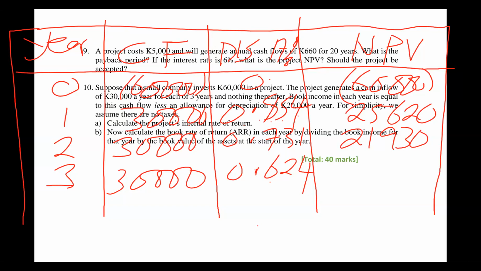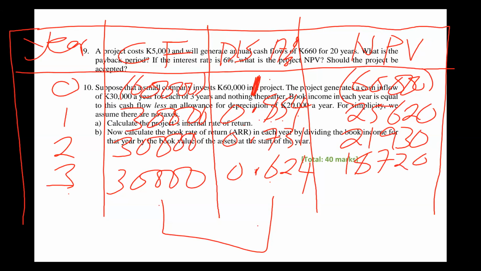It should be 1, not 0. Is it the same? 3 times that. This times that. $18,720.